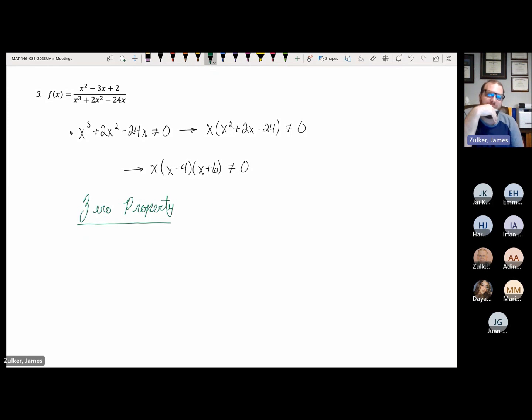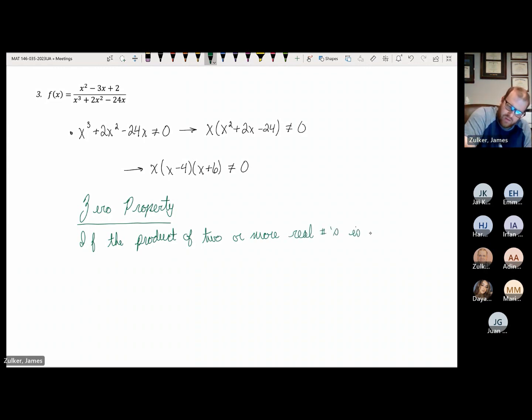The zero property of real numbers states that if the product of two or more real numbers is zero, then at least one of the numbers is zero.